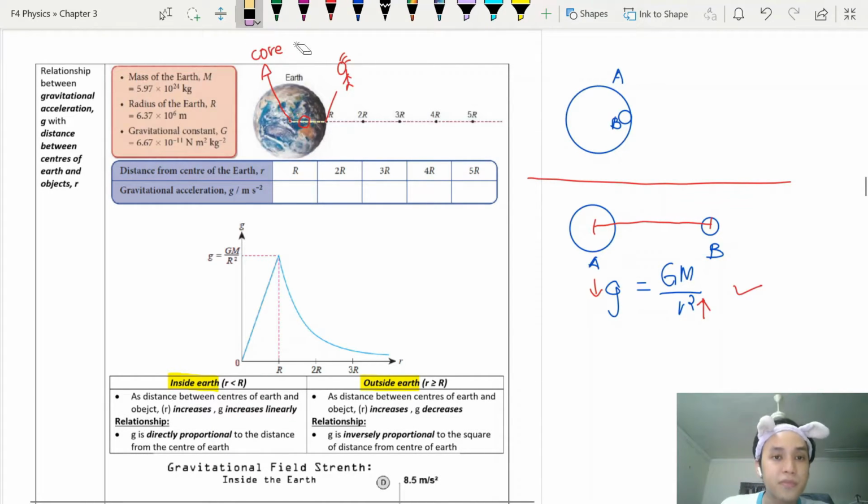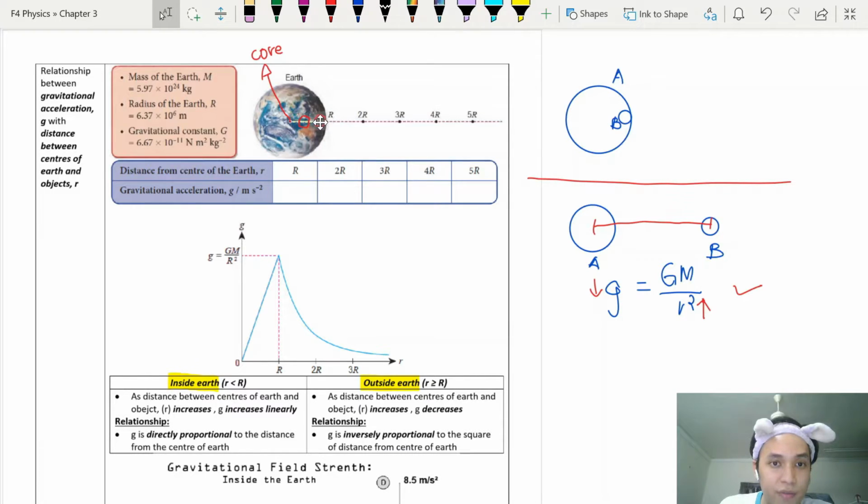Now, based on this explanation, it says that for the distance between the object and the center of the Earth, meaning the core, if the object initially is here, and then it starts to move towards the surface of the Earth, meaning your distance increases between the center of the body and the core, here the distance increases, therefore your g will increase.